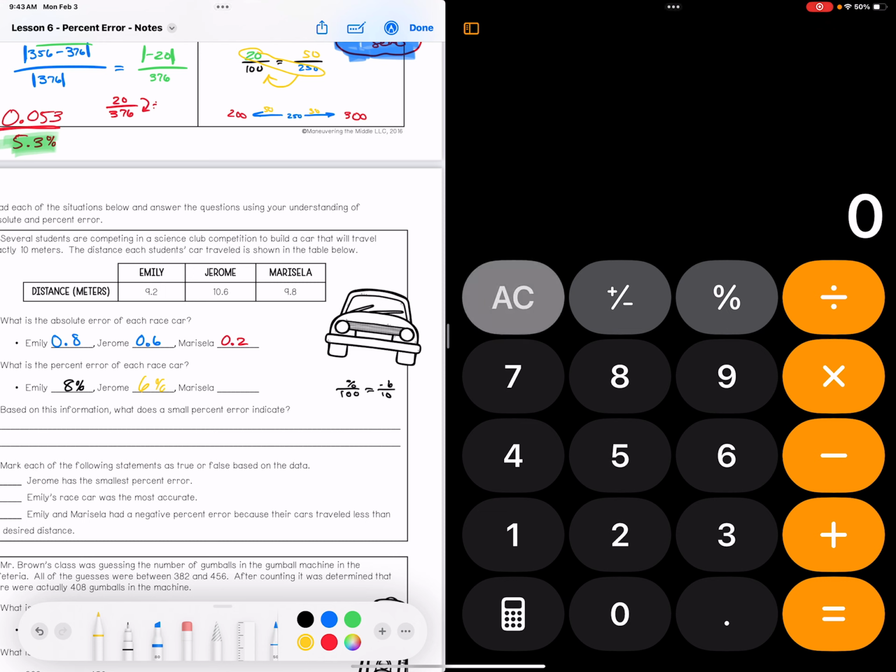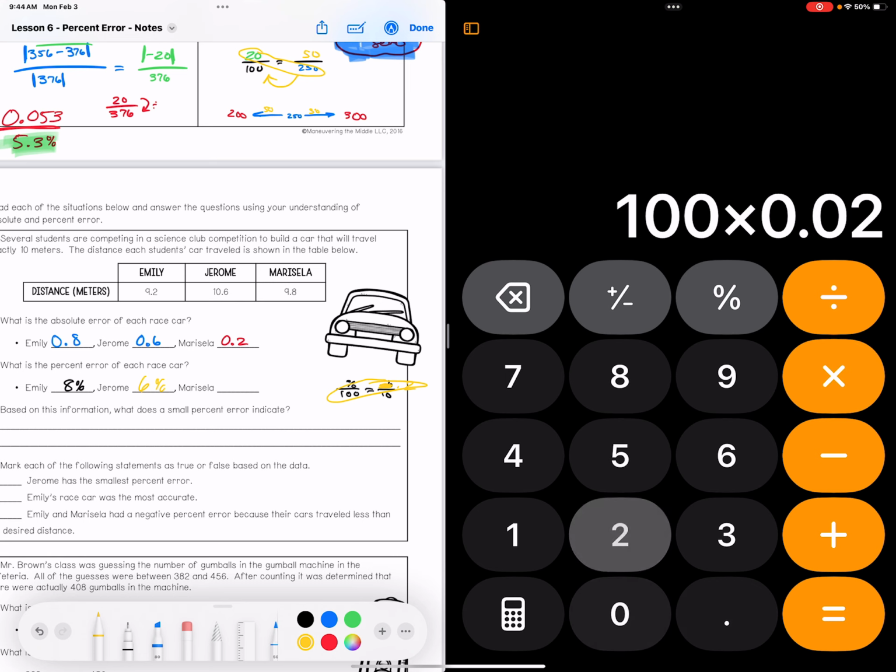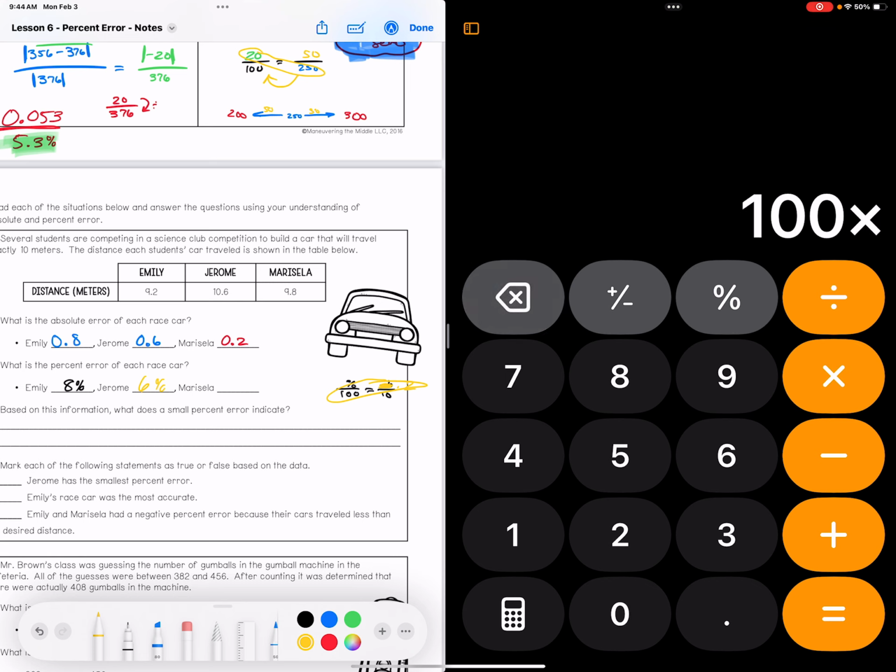And the last one, instead of 0.6, it was 0.2. So we're going to go 100 times 0.2, divided by 10. And you're going to get 2%.